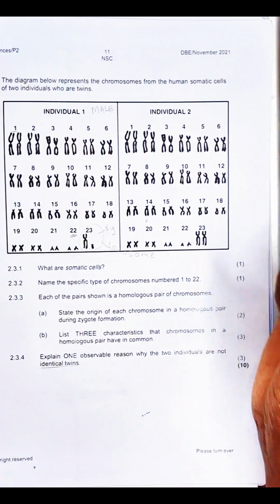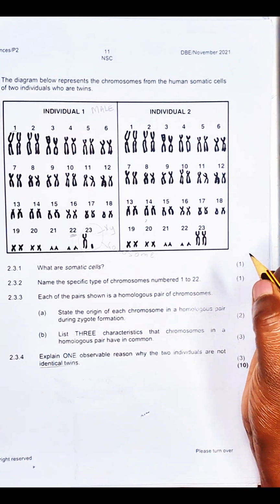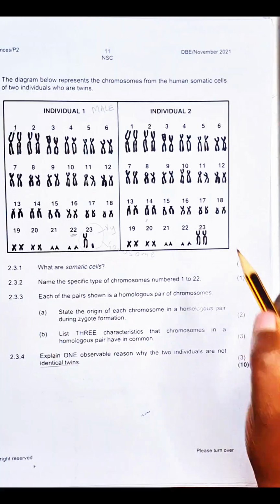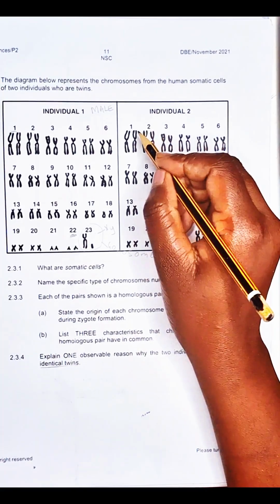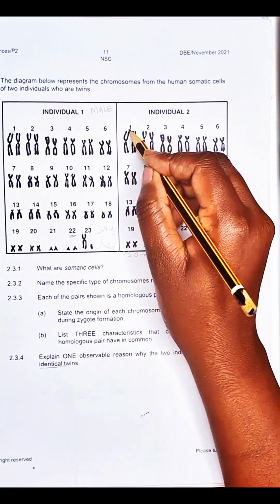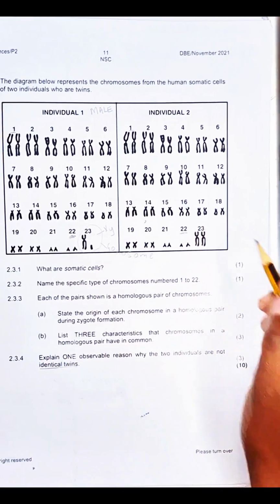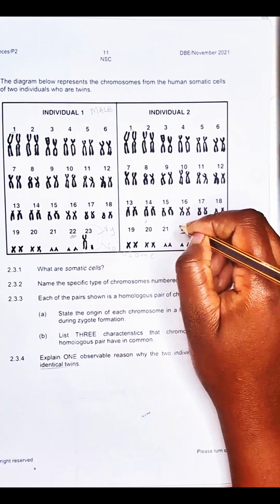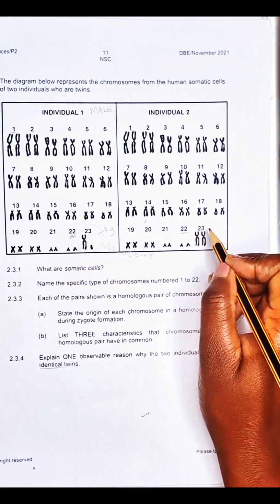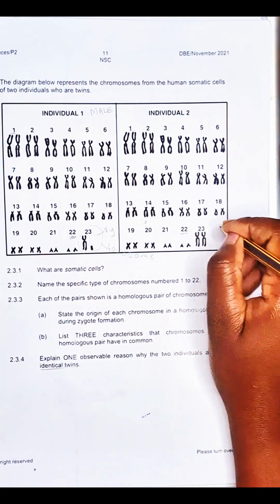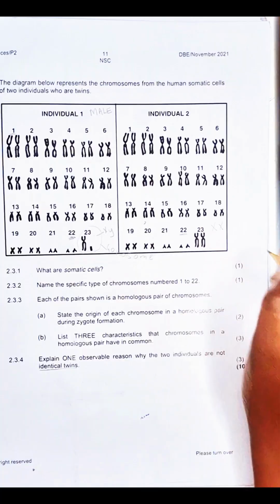Now let us look at individual 2. Like individual 1, we also have the autosomes, like chromosome 1 up until 22. This is our autosomes. Now we also have the gonosomes, which are XX.